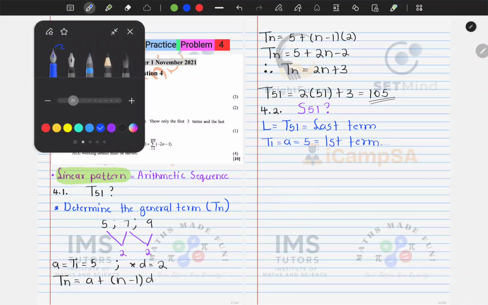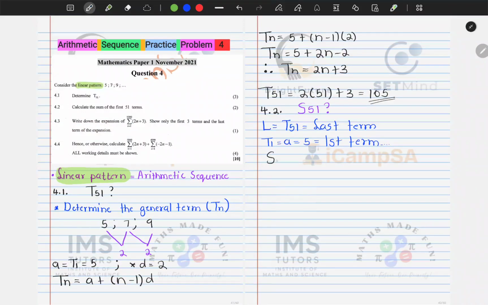So the sum equation that I'm going to use is the one where our Sn will be n over 2 into A plus L. This is the sum equation I'm going to use because I've already done the work above. So our S51 will have 51 divided by 2 into the first term we found, which is 5, plus the last term, which is 105.